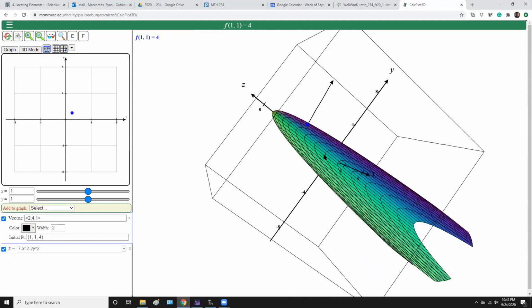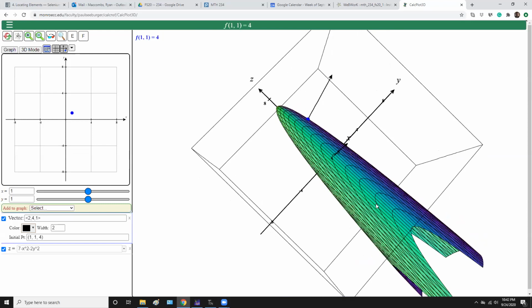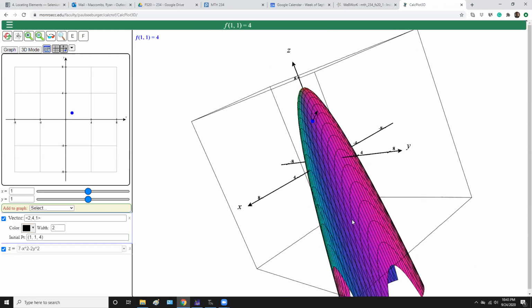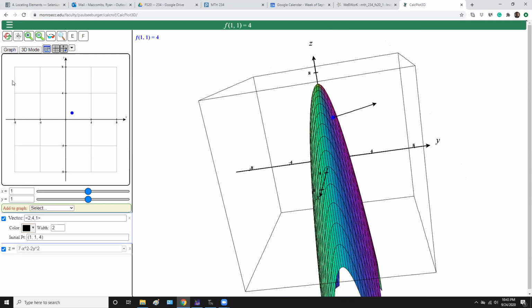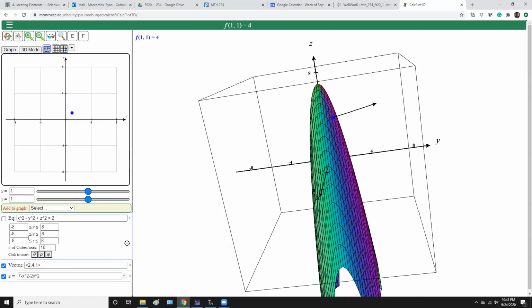We could also graph the tangent plane just to verify that. Let's see if I can get this a little bit more straight up and down like that. Let's add to the graph a surface.